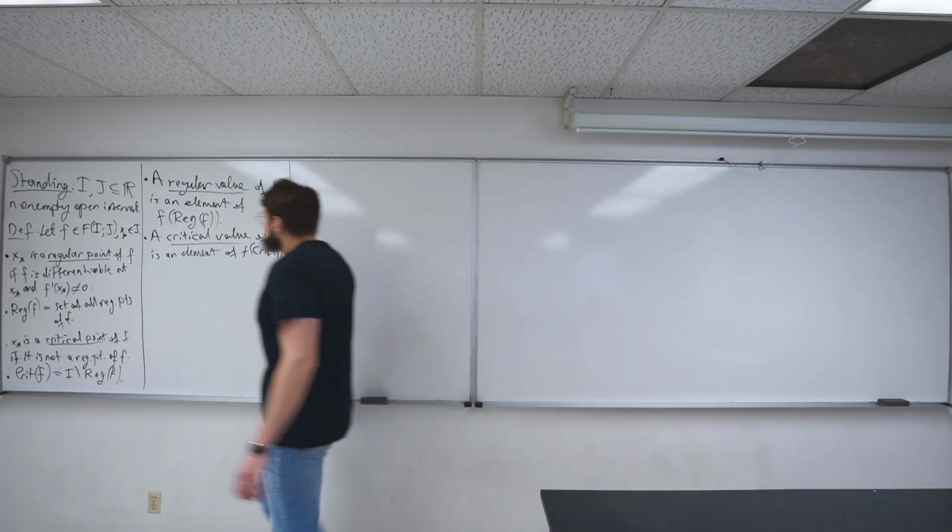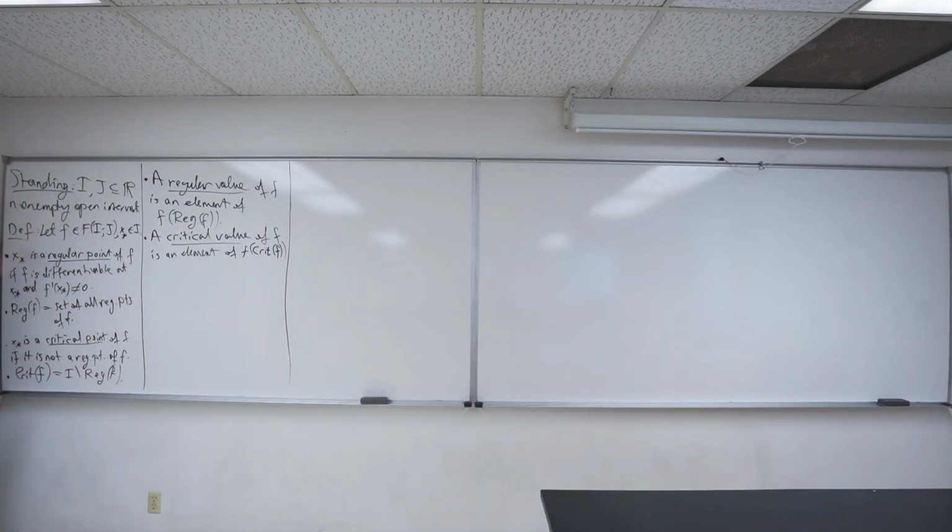So first, as usual, standing assumption is I and J are non-empty open intervals. If I have a function f from I to J and some specified point x star in I, well, then I'm going to call x star a regular point of f if f is differentiable at this point and its derivative is not 0.